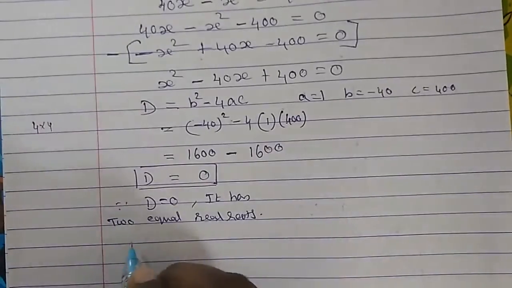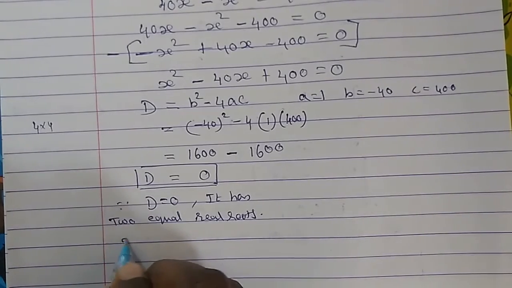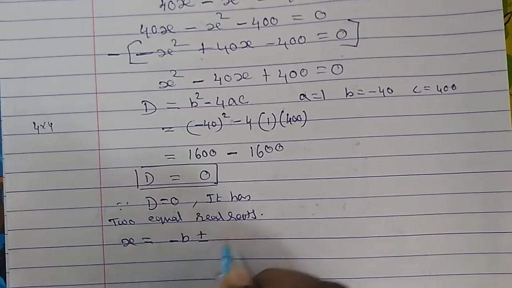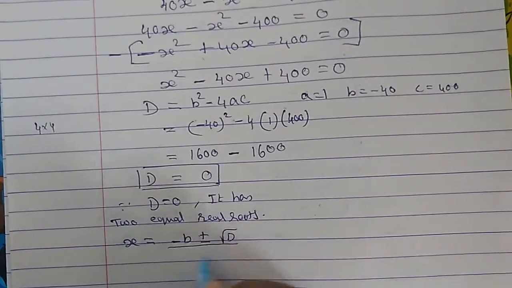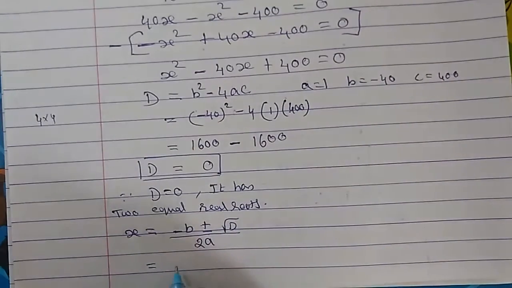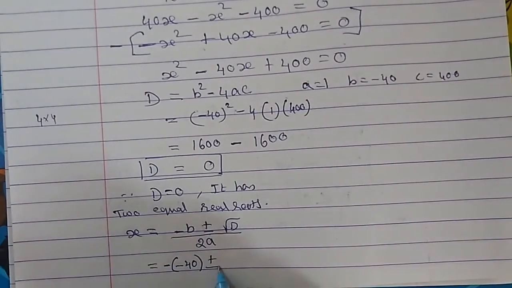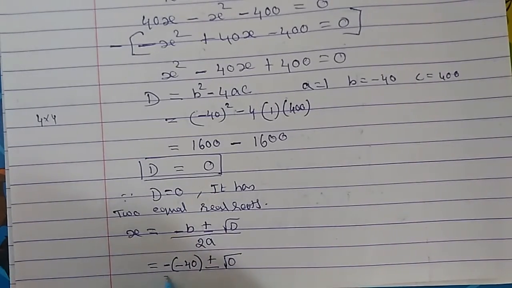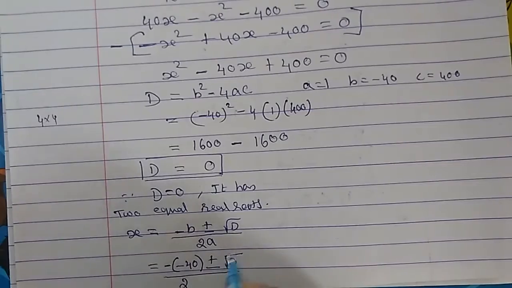Now to find, we have to put it in the formula: minus b plus or minus root d upon 2a. So let's put the value. Minus b is minus of minus 40, then plus or minus root of d, which is 0, upon 2 times a, which is 1.